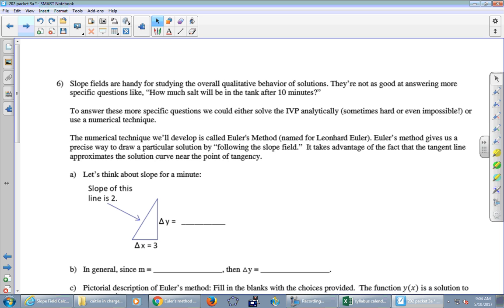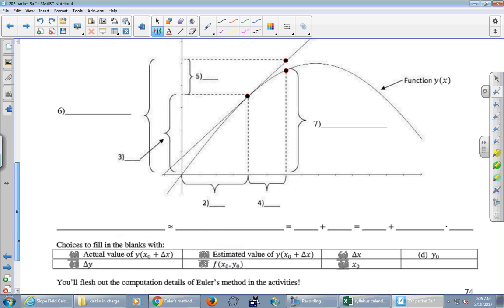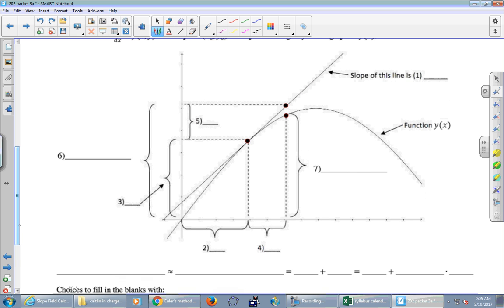But there is a numerical technique. It's called Euler's method, named for the same Euler that we've seen many times this semester, which gives us a very precise way to draw a particular solution by, quote, following the slope field. So there's a picture here that I'm not going to fill in all of these blanks for, but the idea is we've got this curve.